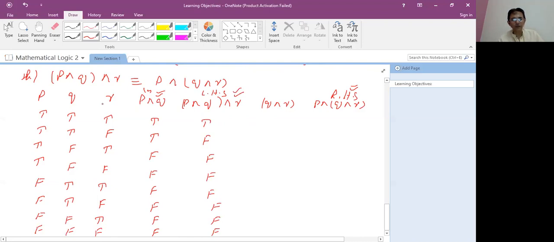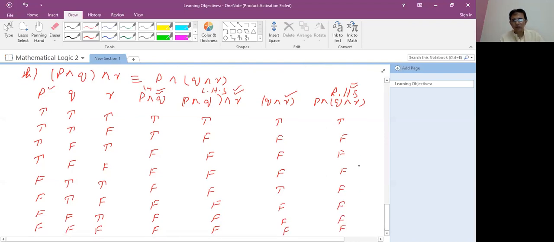Q and R: when we combine the second and third column, it will be true, false, false, false, because we are applying the multiplication operation. Then we connect with the first column, with P: true, true gives true, true, false gives false, and so on.